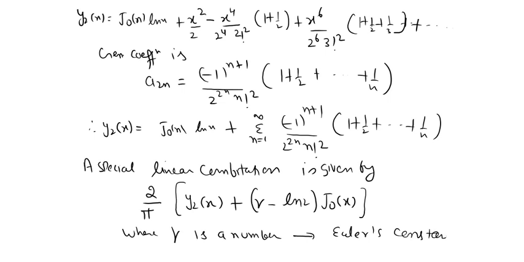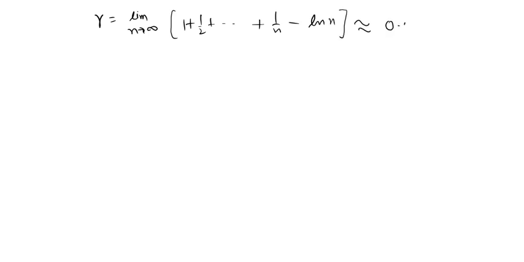Euler's constant is defined by, so the value of this constant is given by gamma equal to limit n goes to infinity of 1 plus 1 by 2 plus 1 by n minus log of n, and this value is nearly 0.5772.